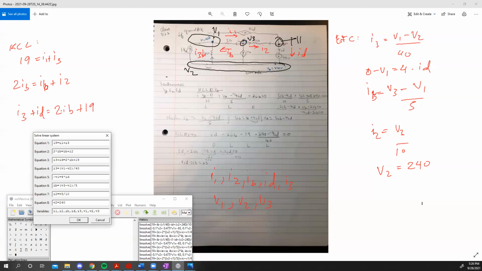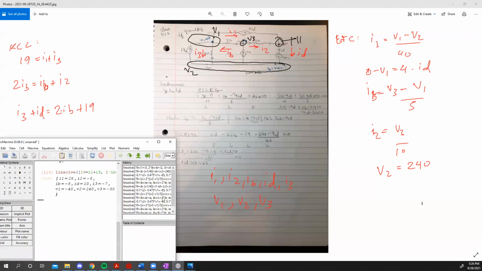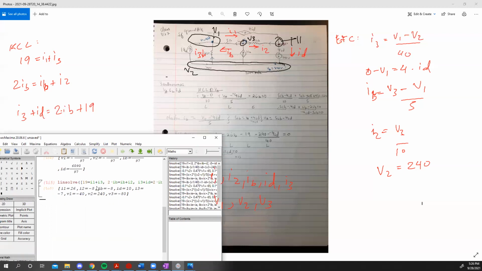I think I'm missing one. I2, IB, 5, 8, yeah. So this would be our values. Is that something that looks familiar? At least with VA, what's your VA?